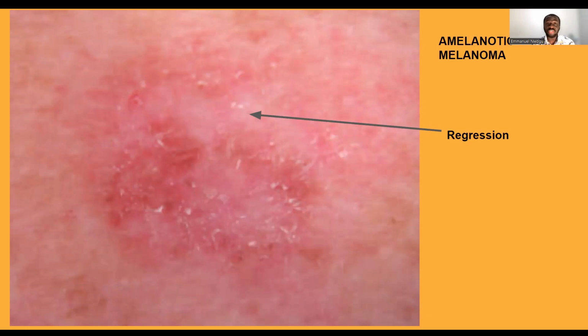So cancer cells are destructive, so they will destroy the normal melanocytes or normal skin cells, and there will be fibrosis. Okay, that tissue vacuum will be replaced by healing and fibrosis. So you can see areas of regression, white streaks there. Coupled with the history, the patient will typically tell you that this lesion is a new lesion.